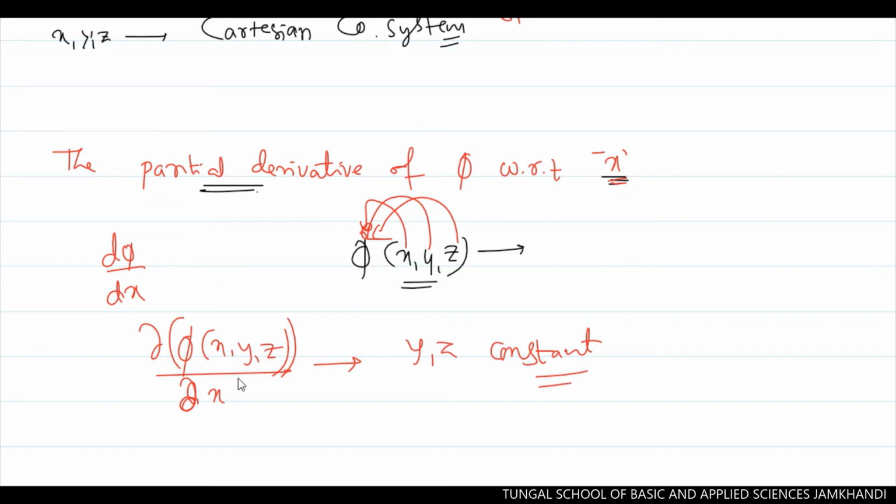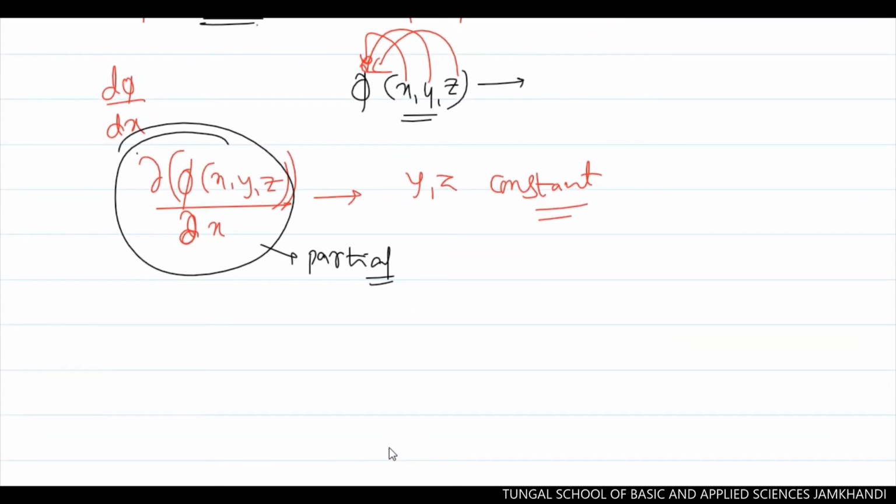That's why it is called a partial derivative. Dou is nothing but the partial derivative representation, not a full derivative.